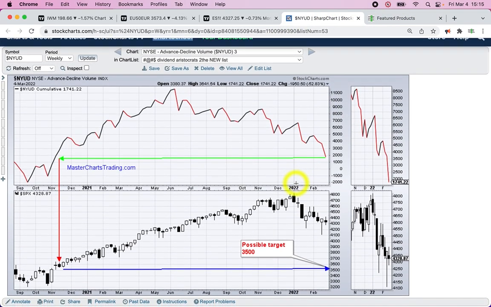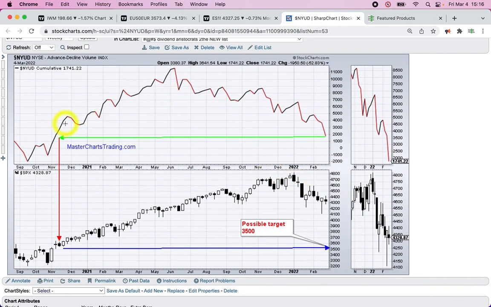Now, this advance decline line is showing us that, notice what we broke below, this line is really under pressure. Notice we're at the same levels as we were back in November of 2020.